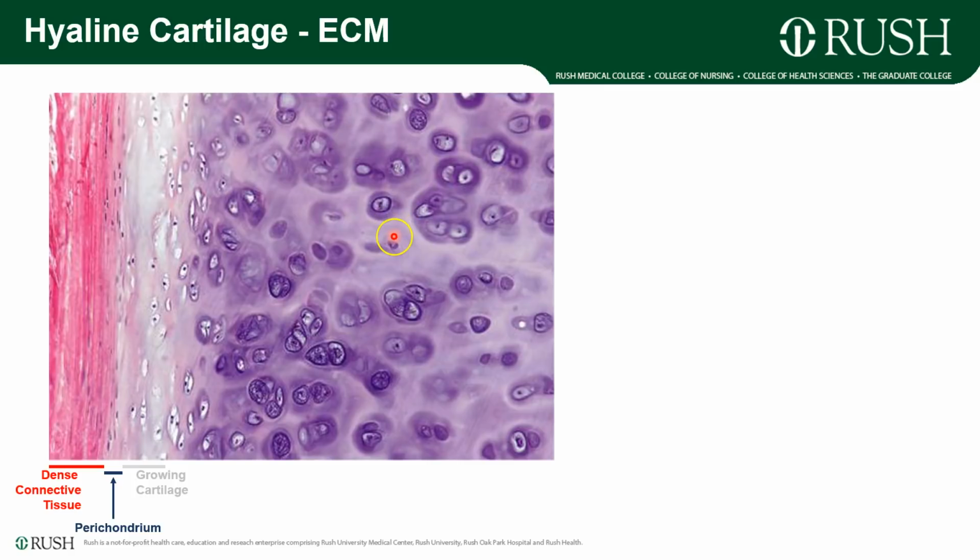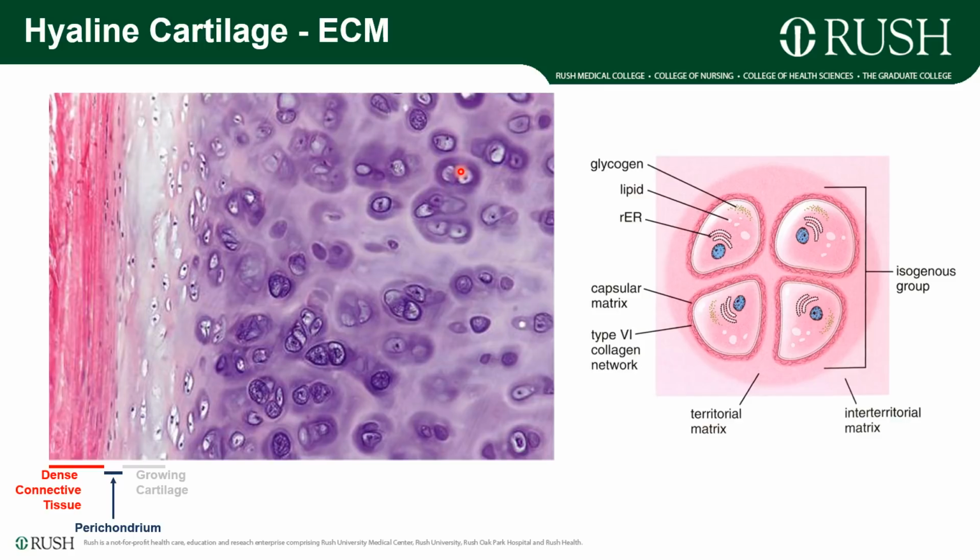As I mentioned before, you can see this kind of clustering or pairing of cells, which is pretty much a giveaway for looking at what cartilage should be.